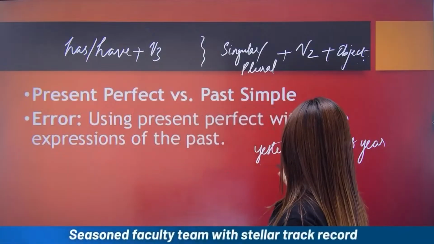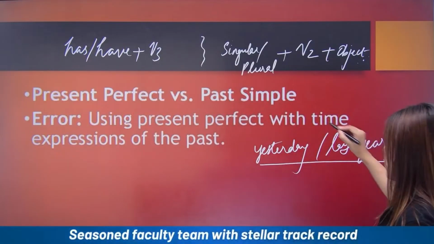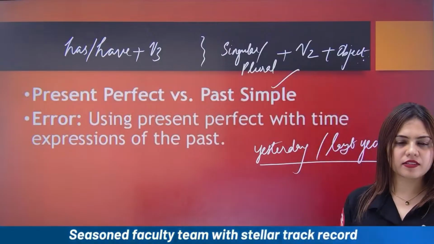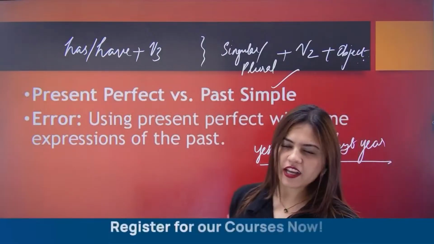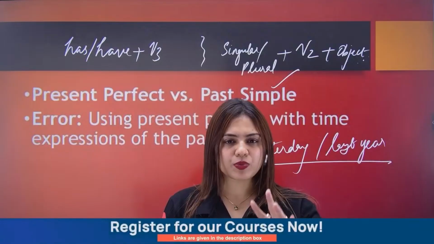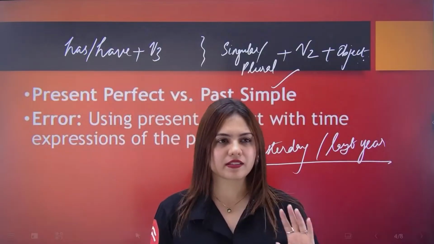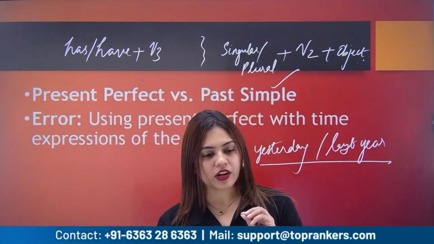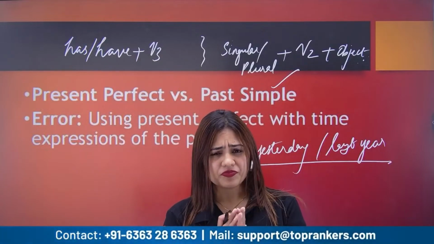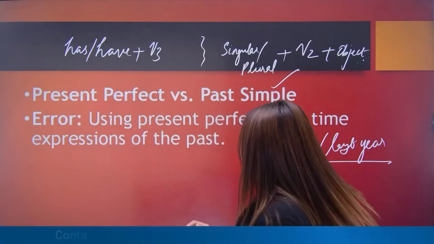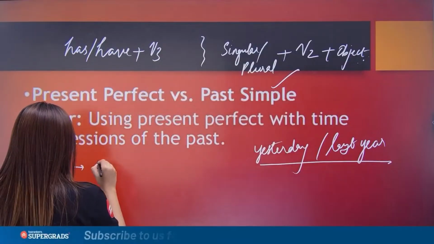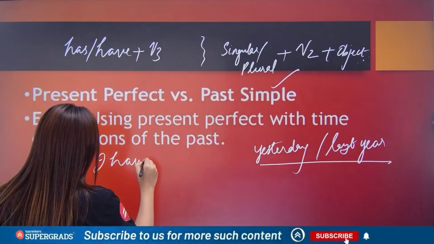Always remember, if there is a definite time marker, we have to use simple past. Okay? ज्यादा सोचना नहीं है. टाइम मार्कर दिख रहा है, टाइम एक्सप्रेशन दिख रहा है, इसका मतलब है सिंपल पास्ट टेंस. That is basically your answer. So here, I have visited last year. I have visited London.